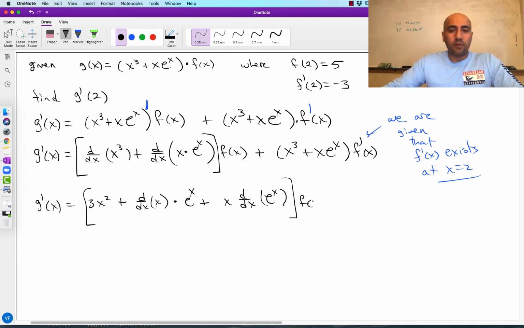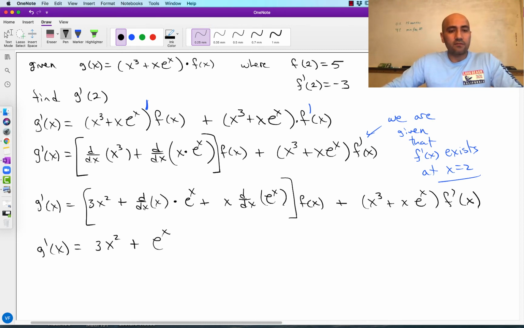All of that gets multiplied by f of x, plus, and now there's really nothing to do here, so we just copy it. x to the third plus x e to the x f prime of x. Okay, so now this simplifies. The first derivative of x is going to be equal to 3x squared plus this derivative becomes 1, so that'll just become e to the x. Right? This just becomes 1.